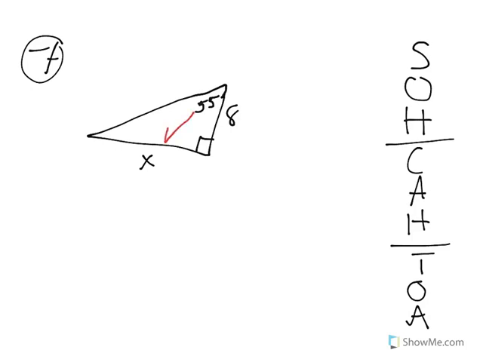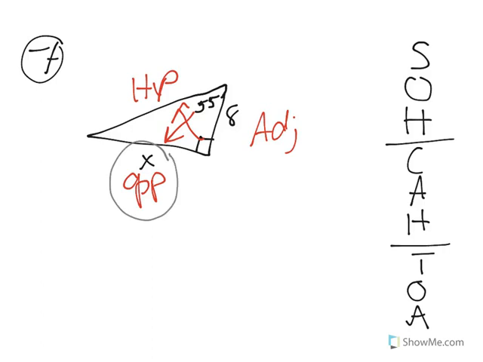Go across from the 55-degree angle, that's your opposite side. Across from the right angle is the hypotenuse, and then left over is the adjacent. Now we're going to look and see which sides give me information where x and a number is. Here's x, here's my number. So that's the opposite side and the adjacent.